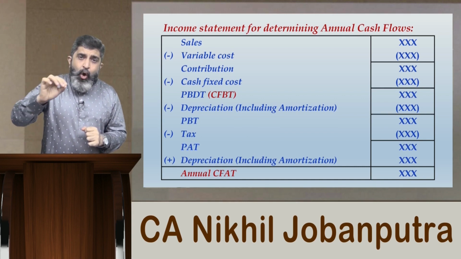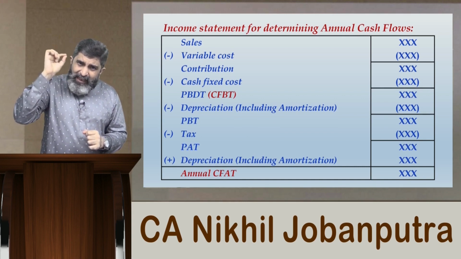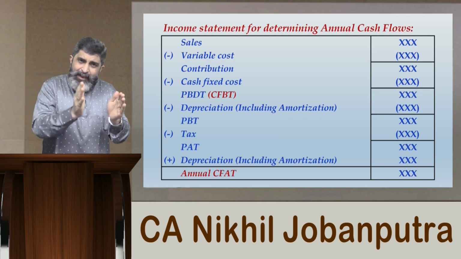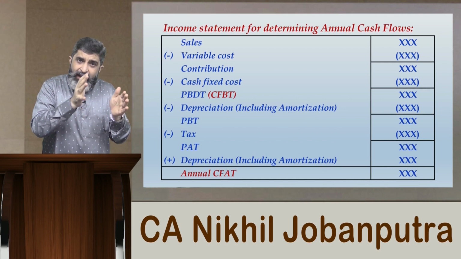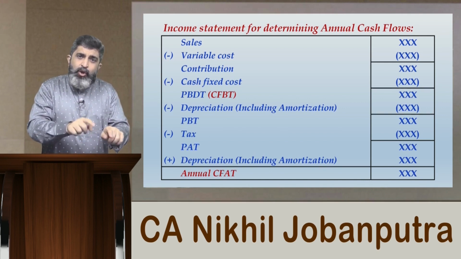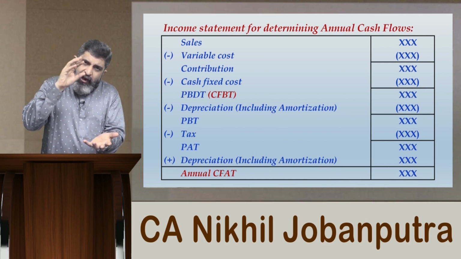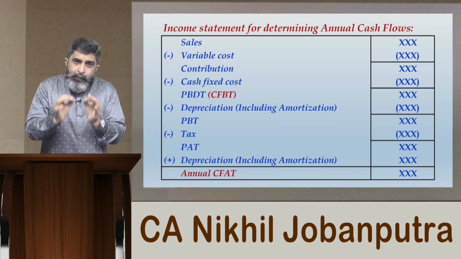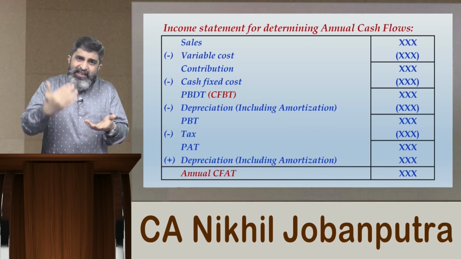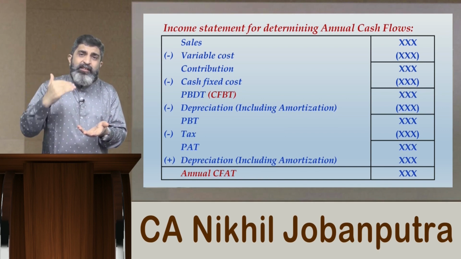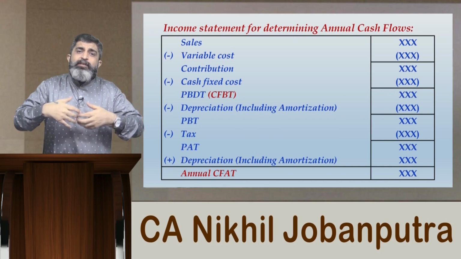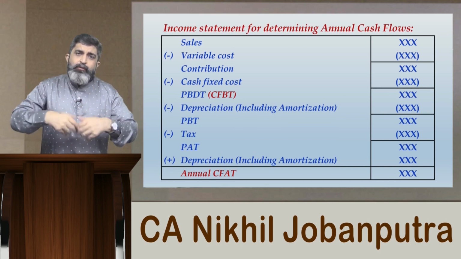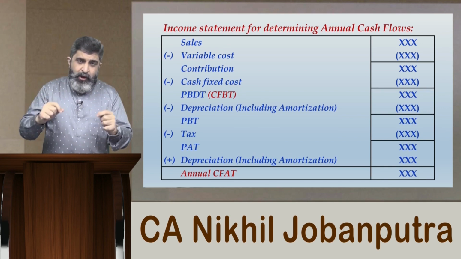Income tax law, I repeat, income tax law will always permit you to charge depreciation, and after charging depreciation, whatever profit you get, only on that profit you have to pay tax. So to compute my taxable profit, obviously I have to first subtract depreciation. If I don't do that, I will not even know how much is the amount of profit on which I have to pay tax. So understand this point.